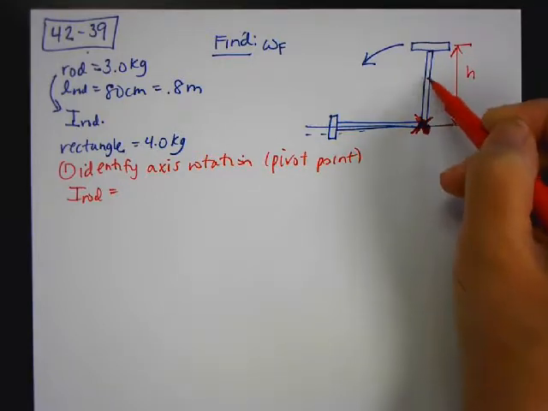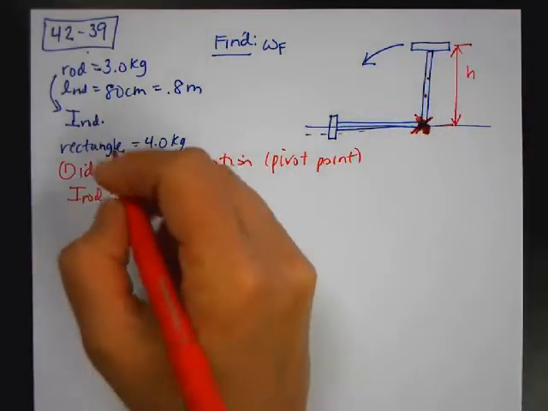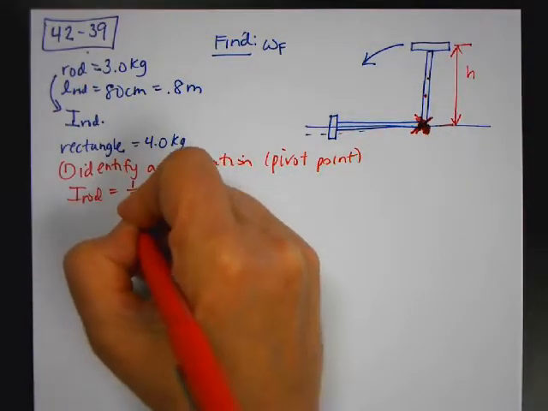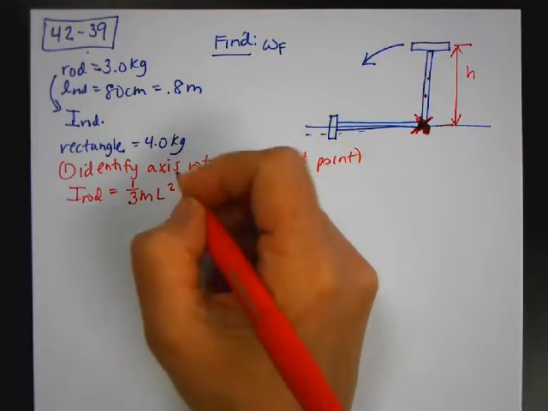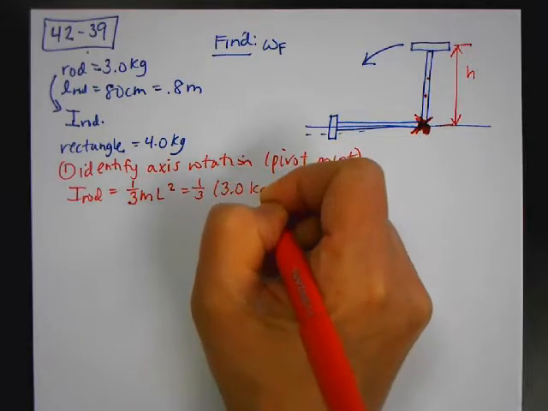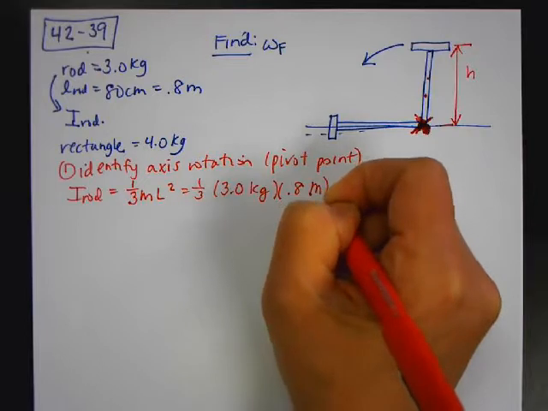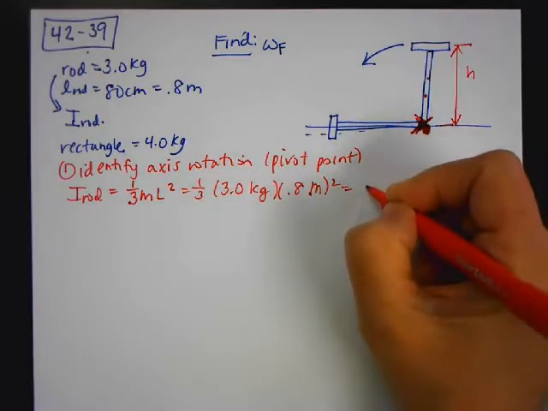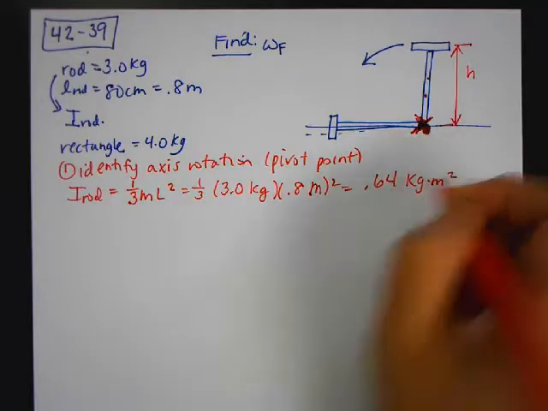Not the middle, not a third, at the end. Okay? So the moment of inertia there is 1/3 ml squared. So it's going to be 1/3 times 3 kilograms times 0.8 meters squared. When I do all the math, that comes out to be 0.64 kilogram meters squared.